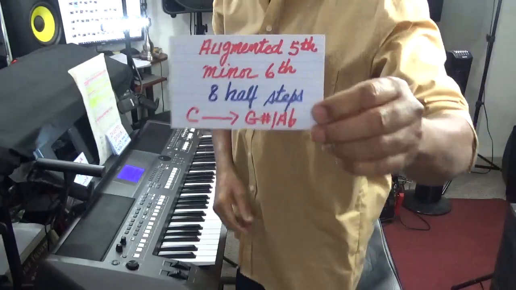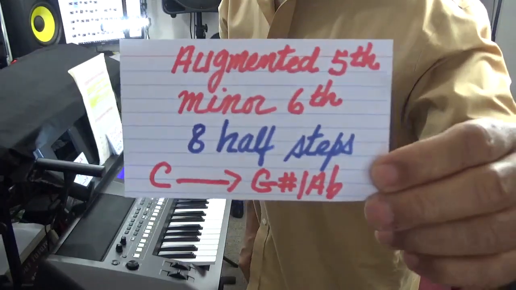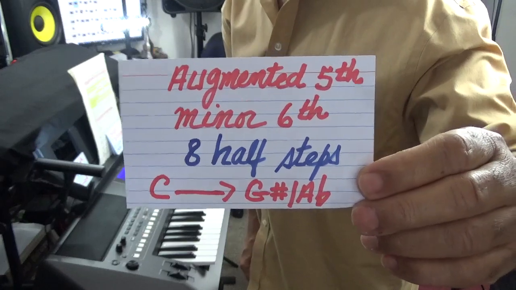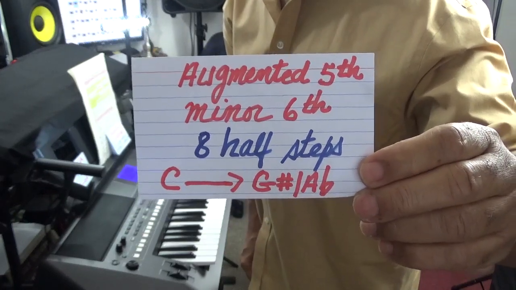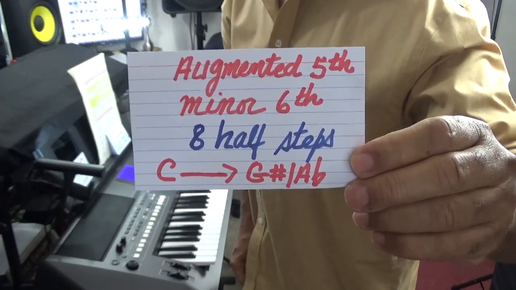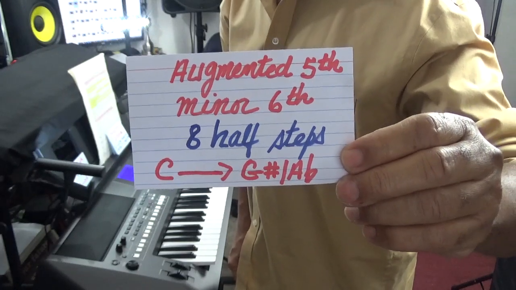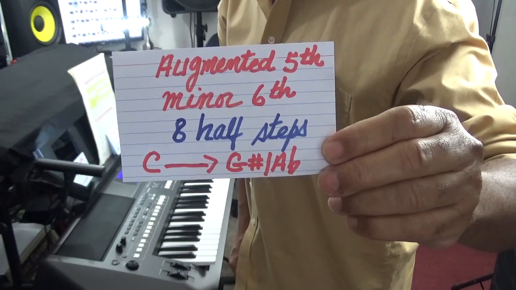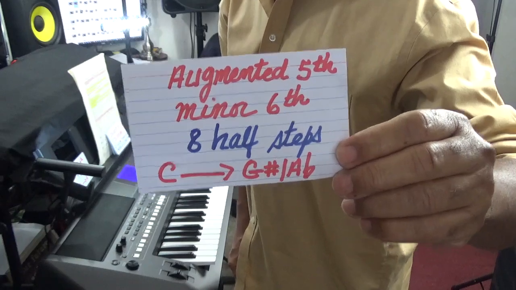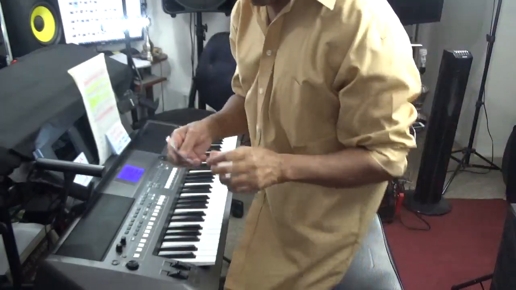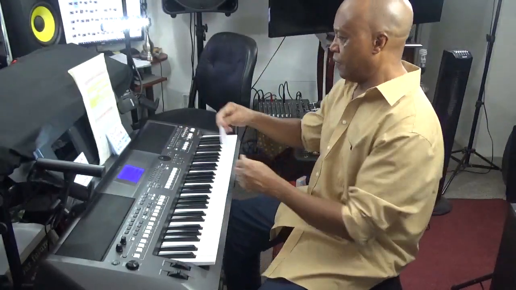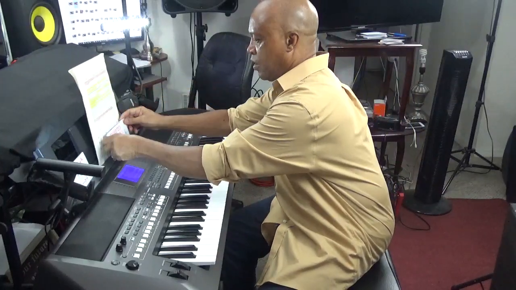Because it has 8 half steps in it. An interval that has 8 half steps is an augmented fifth interval or a minor 6 interval. Okay, let's keep on going now.